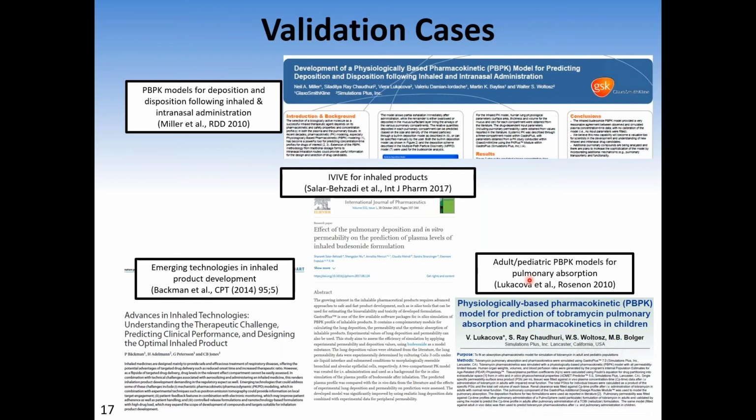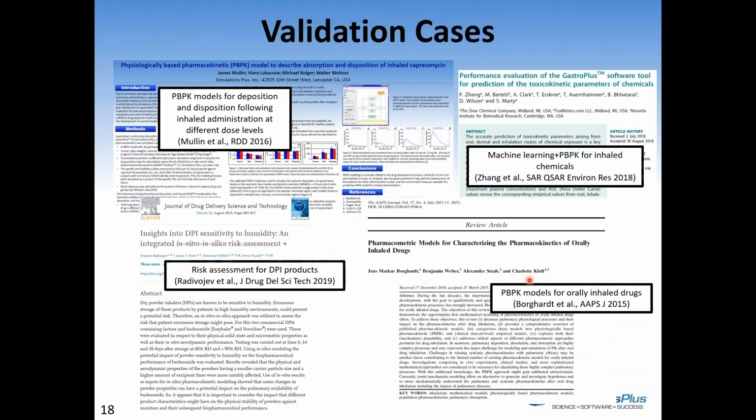And so this is just a snapshot of some of the posters and peer-reviewed publications which have come out from a variety of different organizations describing the validation of the pulmonary model in GastroPlus for different types of drug molecules and also chemicals. There was a very good publication which had come out in 2018 from Dow Chemical, as an example, where they validated the pulmonary model in GastroPlus across a set of chemicals, utilizing nothing more than the machine learning estimates from those chemical structures.